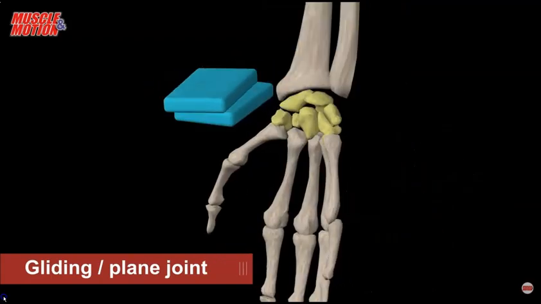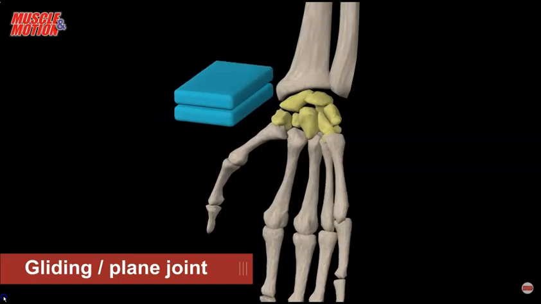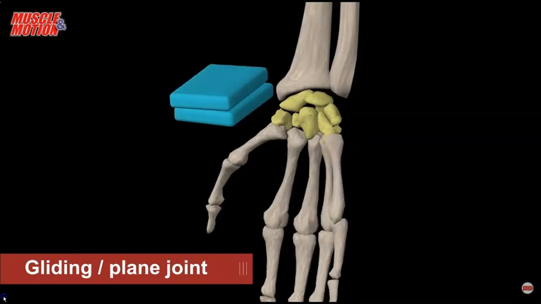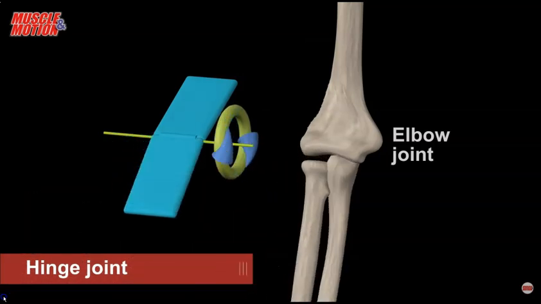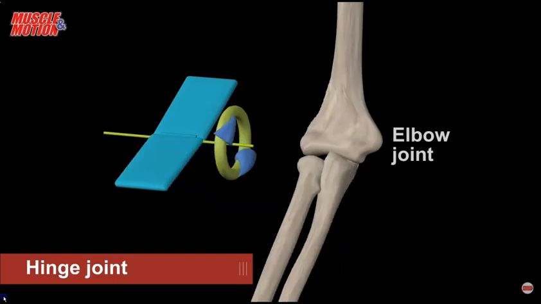Gliding plane. The articular surfaces are relatively flat, allowing the bones to glide over one another. For example, acromioclavicular joint, subtalar joint. Hinge. Permits movement in one plane, usually flexion and extension. For example, elbow joint, knee joint.